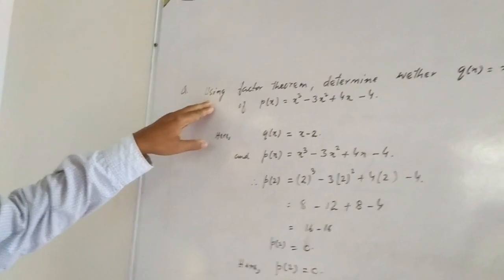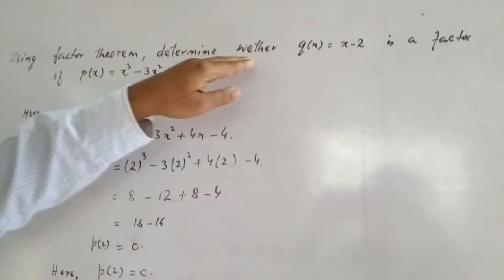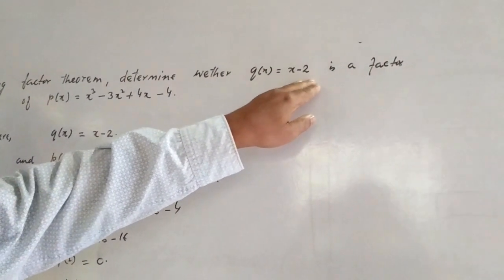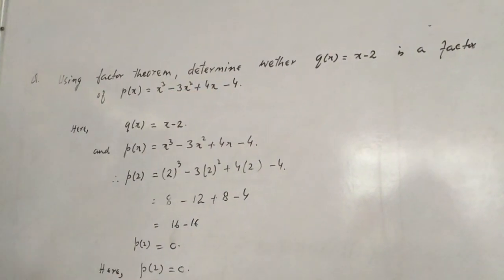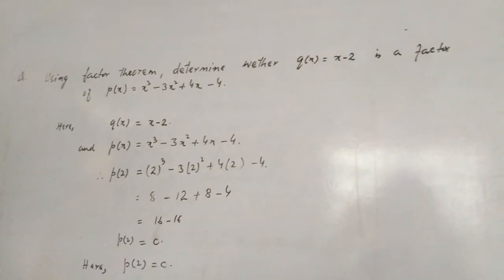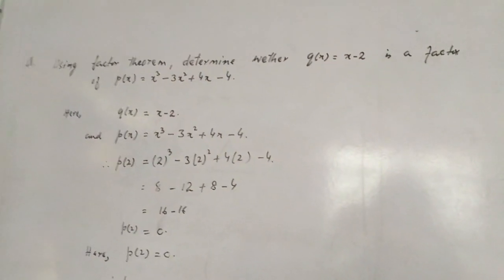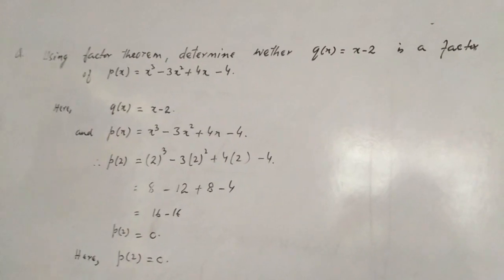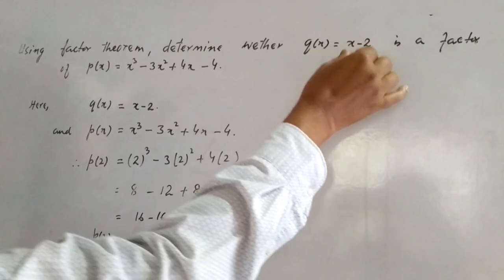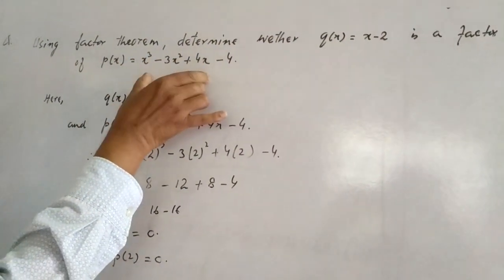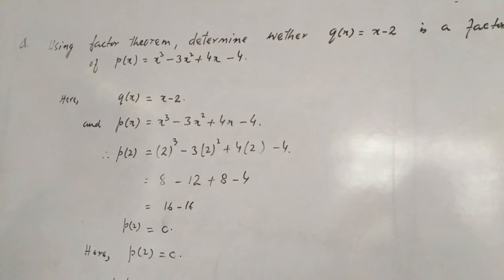Here we have taken a question: using factor theorem, determine whether g(x), that is x minus 2, is a factor of p(x), that is this. हमें यहाँ पे ये डिटरमाइन करना है, बताना है कि क्या x माइनस 2 ये पॉलिनोमियल का फैक्टर है या नहीं. तो कोई पॉलिनोमियल ये 1 डिग्री का है, ये 3 डिग्री का है, this will be a factor अगर इसका होगा तो if and only if we got a remainder equals to 0.